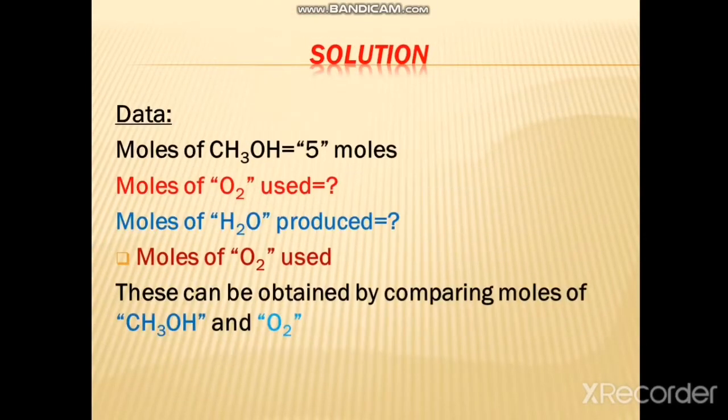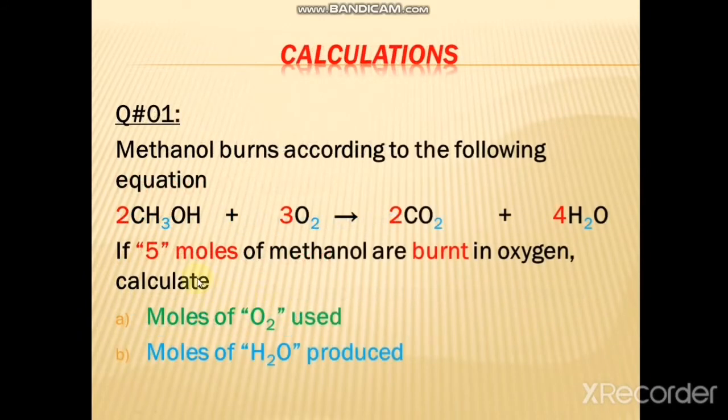Dear students, according to the reaction you can see here there are 2 moles of methanol and 3 moles of oxygen. This is our reference number of moles, reference quantities. So you can compare their quantities first according to the equation, and then you can find the conversion factor, and then you find the unknown value.